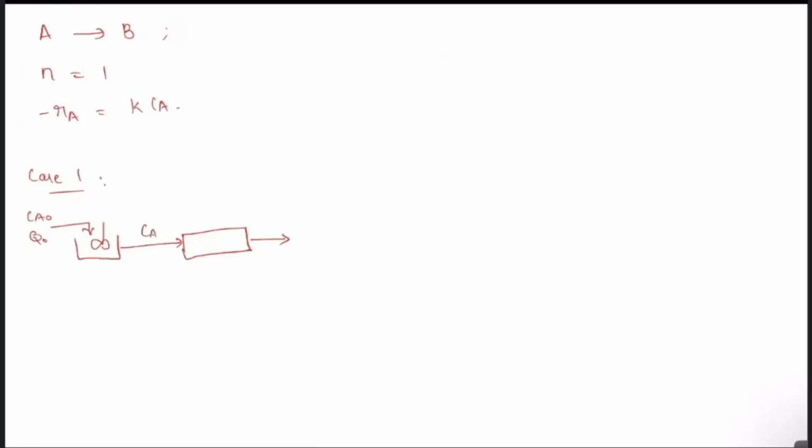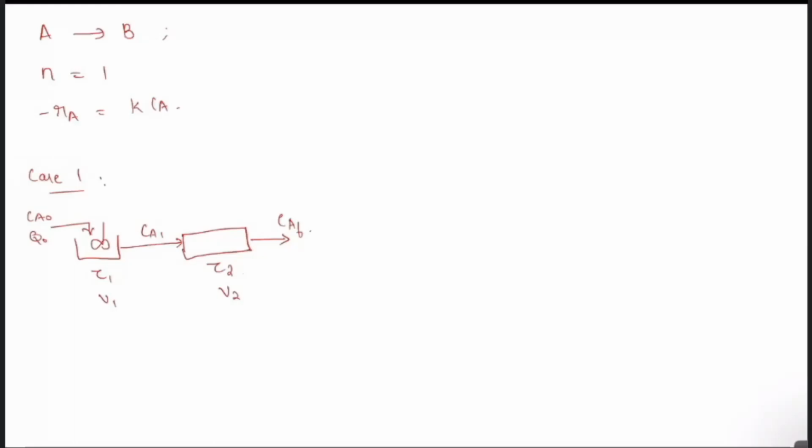Then CA1, and the final outlet concentration is CAF. And let tau1 be the spacetime of CSTR and tau2 be the spacetime of PFR. So obviously V1 will be the volume of CSTR and V2 will be the volume of PFR.